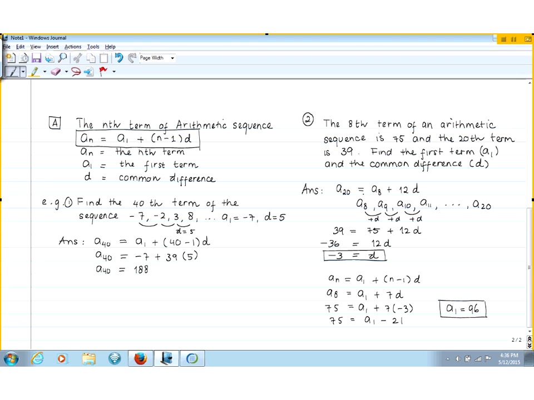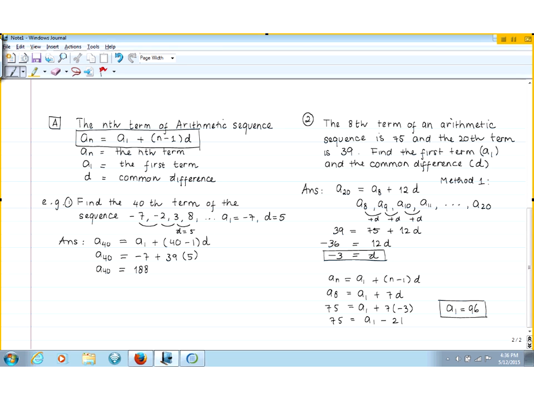So this is one way of doing it, by observing that the 20th term is equal to the 8th term plus 12 of the differences. Alright? Good.